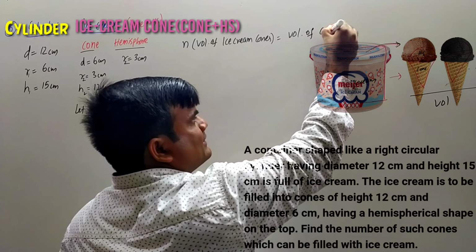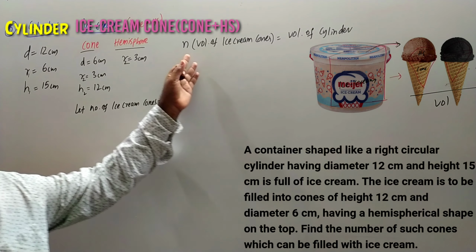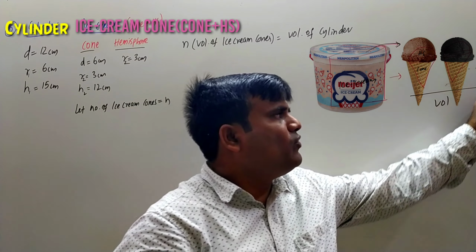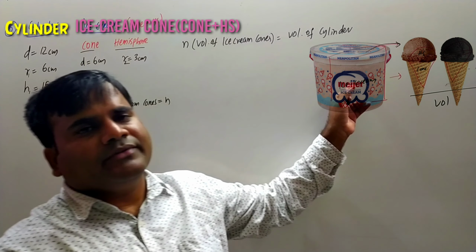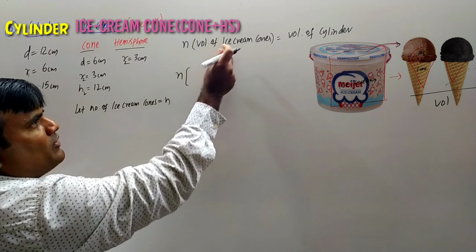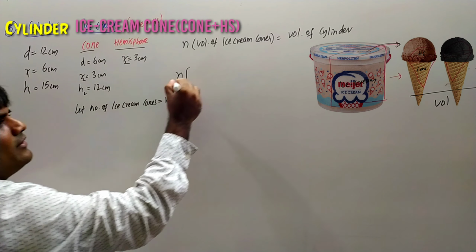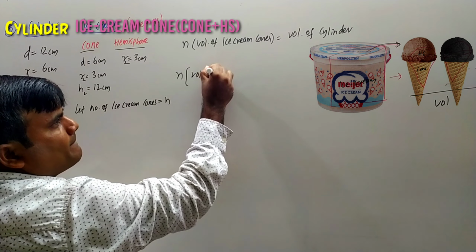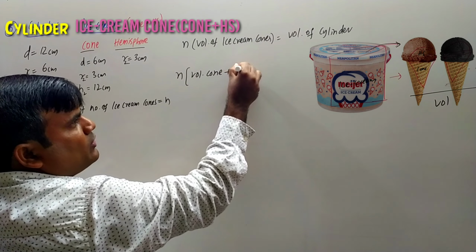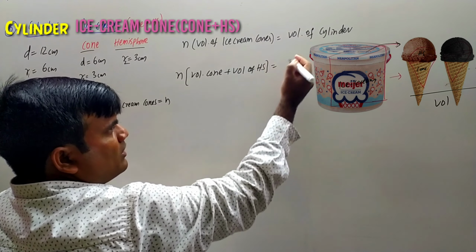Volume of cylinder. So n into volume of all the cones is equal to volume of the container. So that is equal to n into volume of ice cream. Ice cream is a combination of cone and hemisphere. So therefore volume of cone plus volume of hemisphere is equal to volume of cylinder.